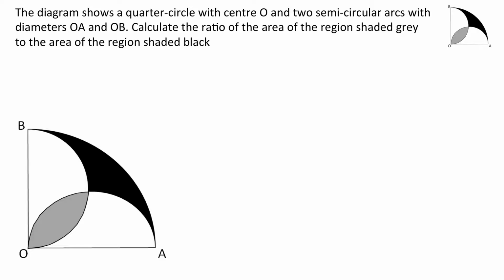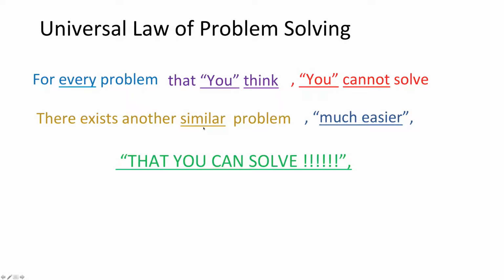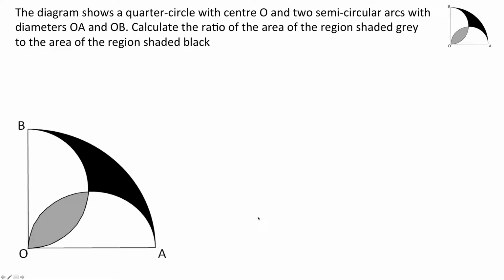So what we'll do is we'll apply the universal law of problem solving, which is, if we can't solve the problem at hand, let's look for another similar problem that you can solve. Now fortunately, if you visualize, this is where your visualization will come into play. You can't find the area of this shaded region right away.